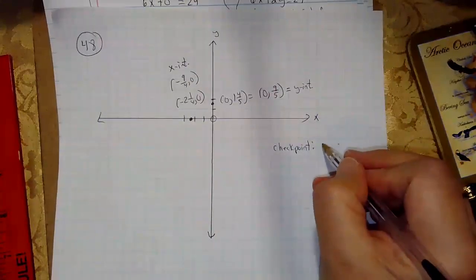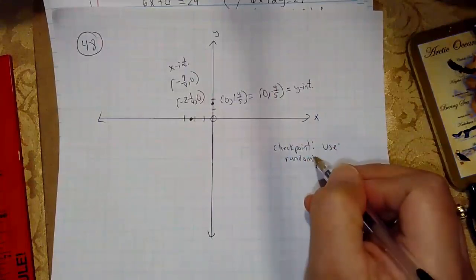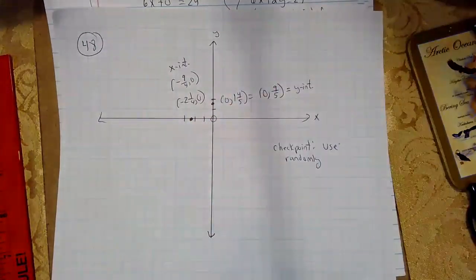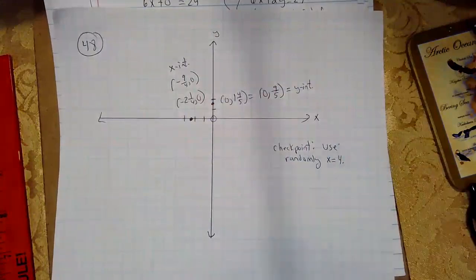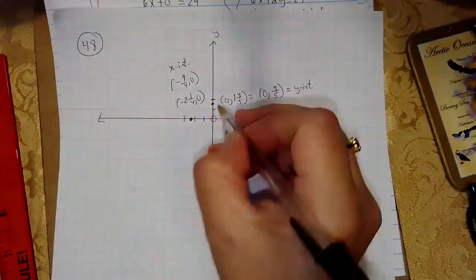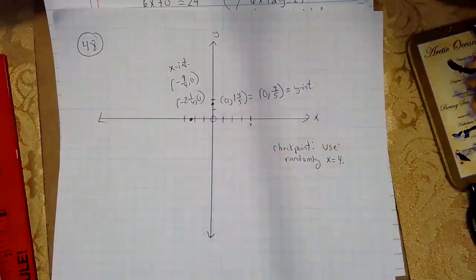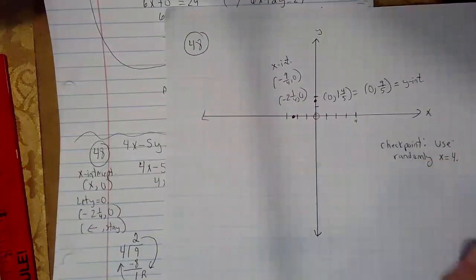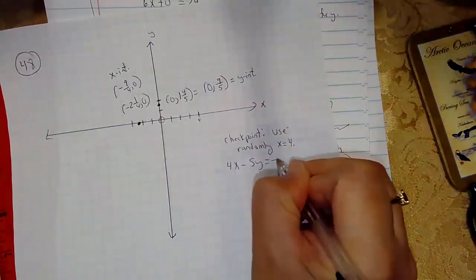So I'm going to use randomly, I see this here, so I'm going to just use randomly x equals 4, and just plug that in. So I have 1, 2, 3, 4. Okay, so the original equation was 4x minus 5y equals -9.